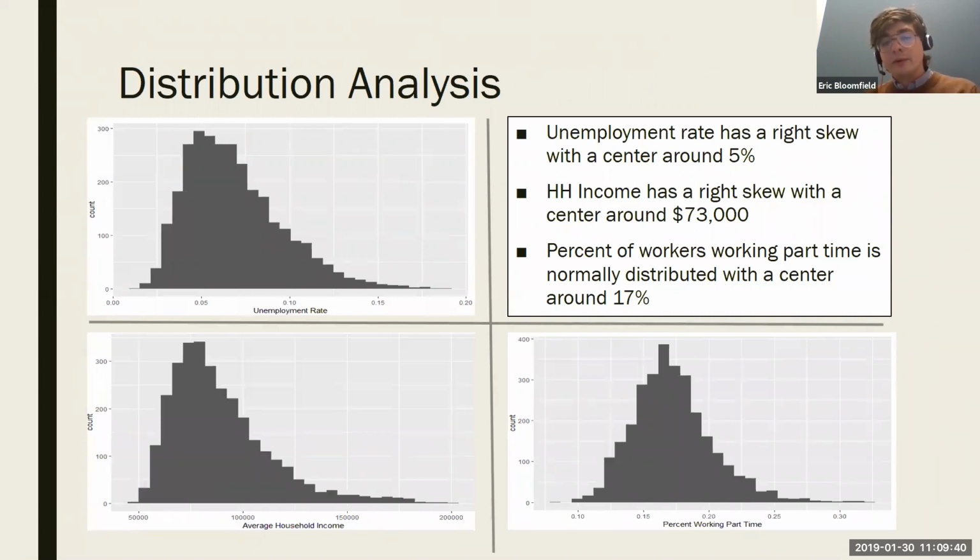Household income shows a similar distribution with a center around $73,000, but there's a strong right skew as well. With some counties, the average household income is above $150,000. In terms of percentage of workers working part-time, this is more of a normal distribution with a center around 17%.